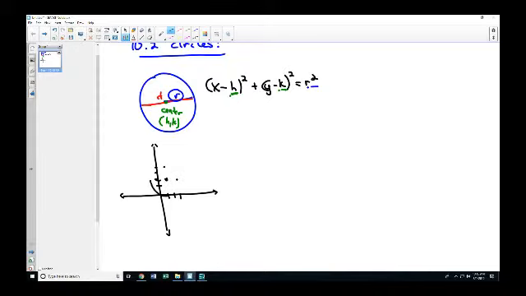What is the equation of that circle? (x minus 1) squared plus (y minus 2) squared equals 2 squared, or 4. For r, just the radius, right? Radius. Yep.